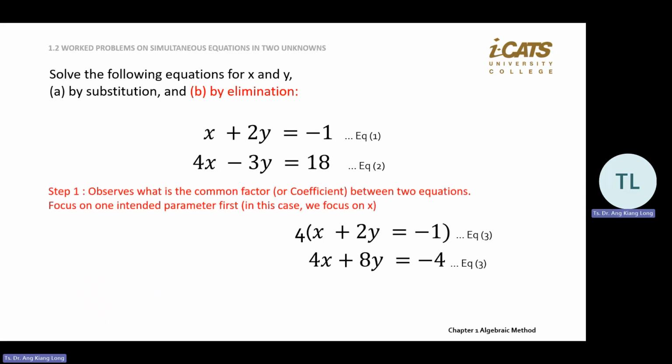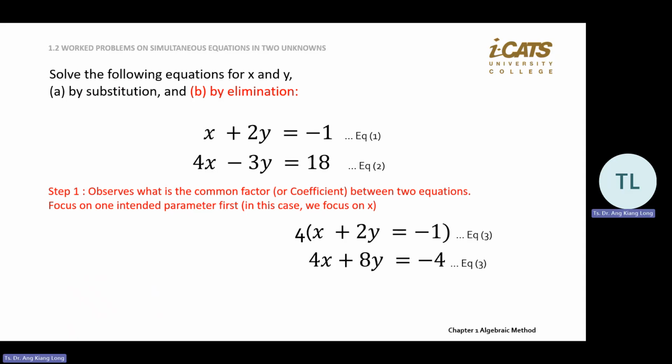Step 1, you observe the coefficient in front of the unknowns. You're going to solve for x and y, so you want to find a common coefficient in front of x or y.